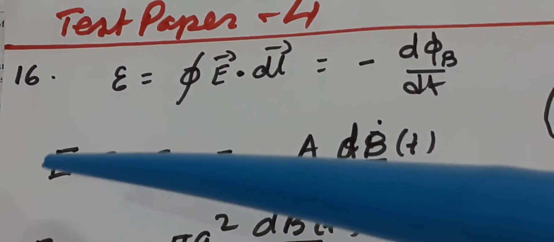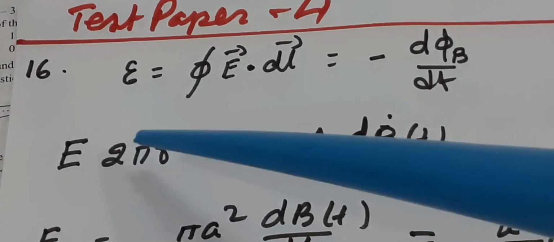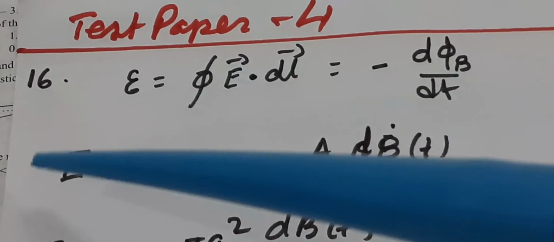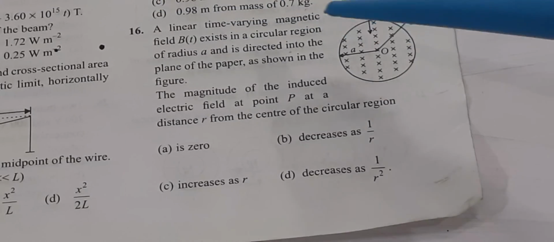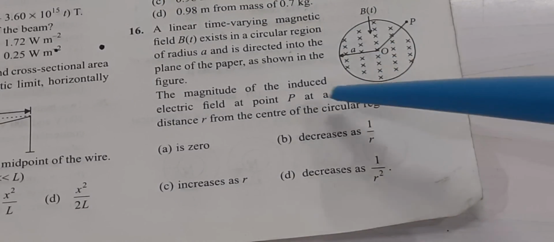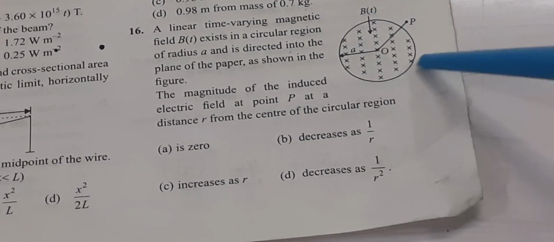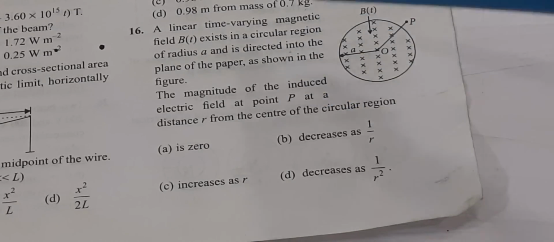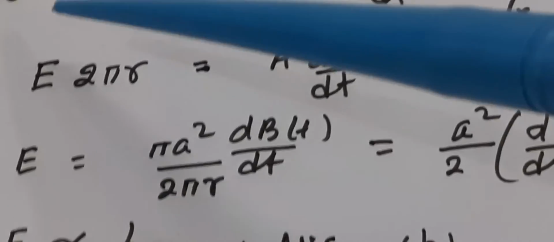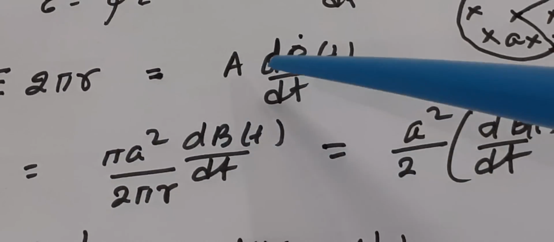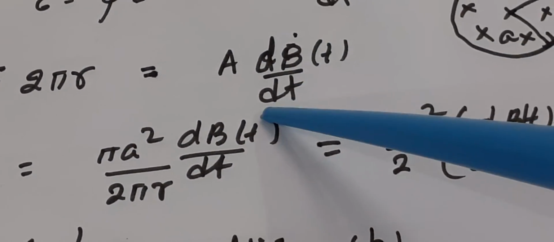So you can write E times 2 pi r around that circular path. Say P is outside, this will be the radius here. That means E 2 pi r equals A times dB, a function of time, by dt.